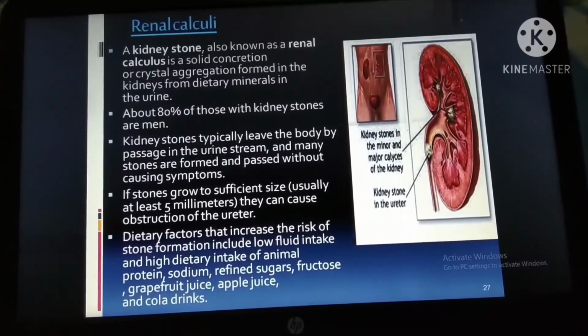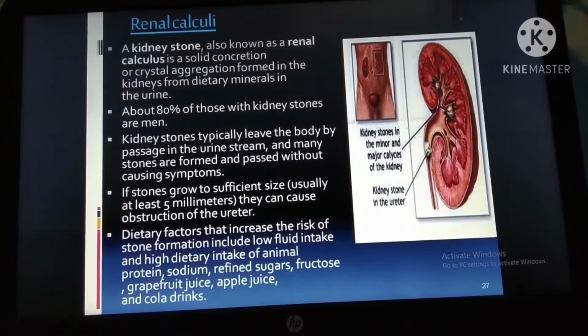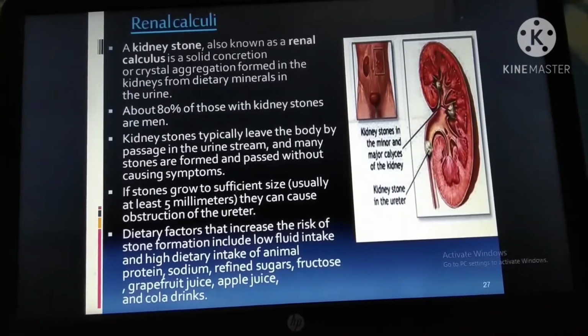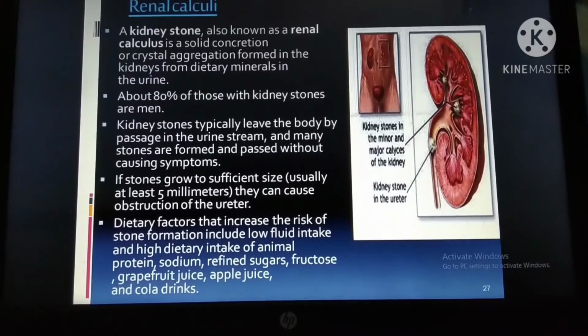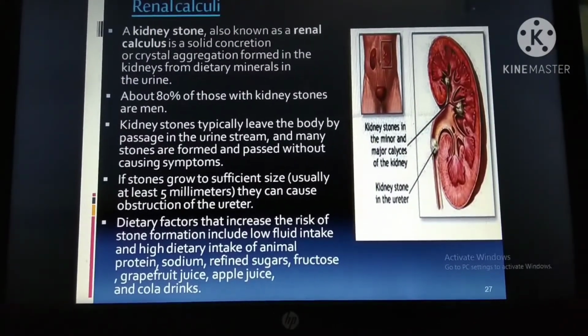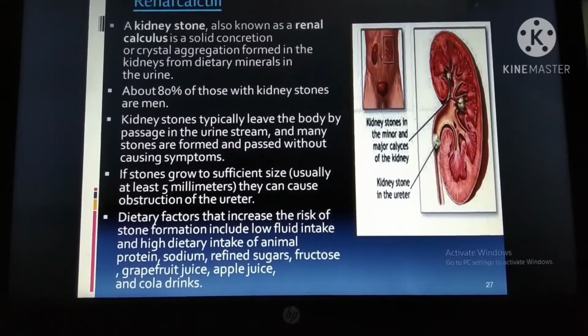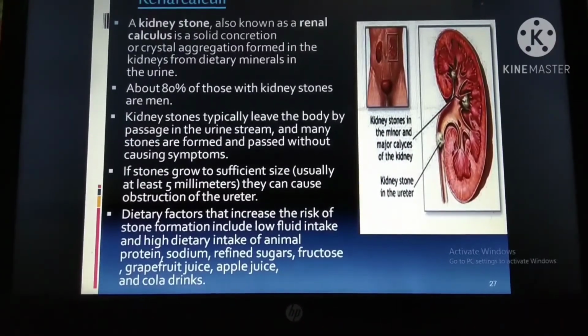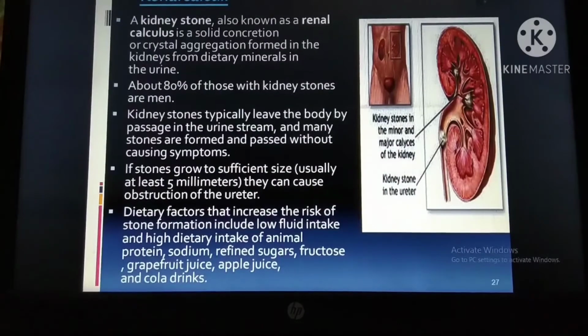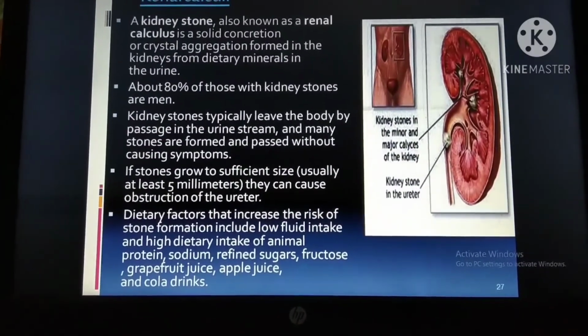If stones grow to sufficient size, they can cause obstruction of the ureter. Dietary factors that increase the risk of stone formation include low fluid intake, high dietary intake of animal protein, sodium, refined sugar, fructose, grapefruit juice, apple juice, and cola drinks.